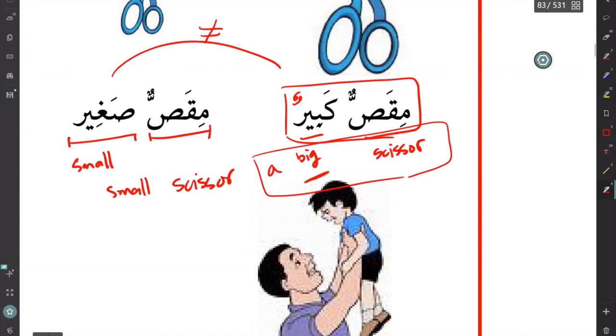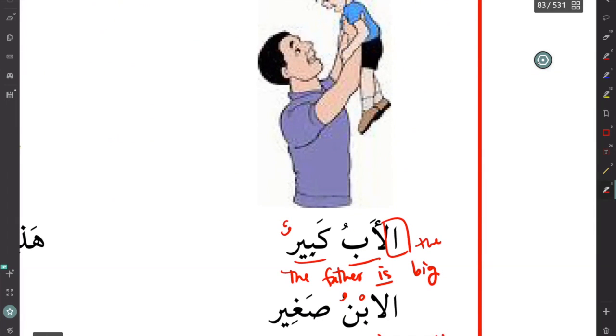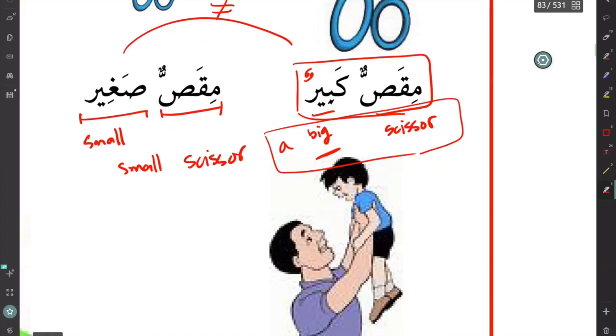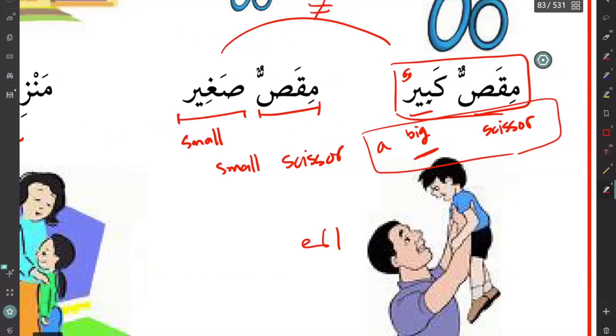So what happens, because here we have alif lam in the beginning. What happens when we say al, let's say if we want to say al miqassu. So al miqassu, here we have to remove the tanwin because of what? Because of the alif lam. So al miqassu, and we say kabir. So now it's not the same.